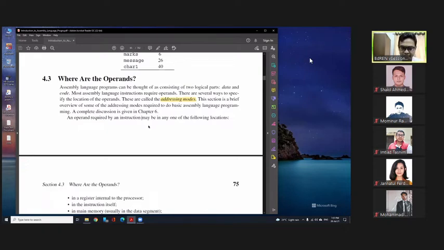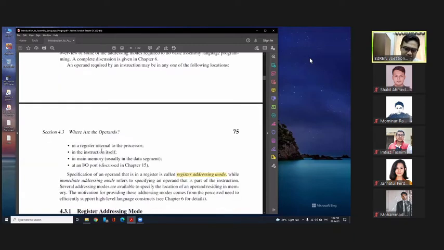So whenever you write assembly language code, the code is saved into the code portion of the memory, and the data of that variable or the operands is stored into the data location. So based on where you save your operands, we have 4 different locations.